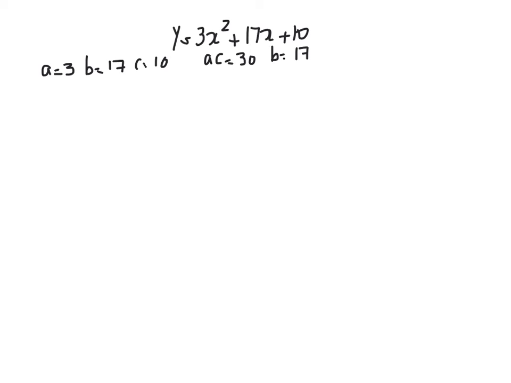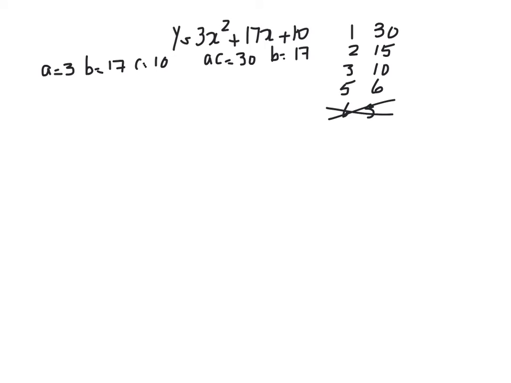Find two numbers, the product is 30. So those two numbers are 1 and 30, 2 and 15, 3 and 10, the next one is 5 and 6. And then after that is 6 and 5, which is a repetition of 5 and 6. So forget about this one, we are going to stop.